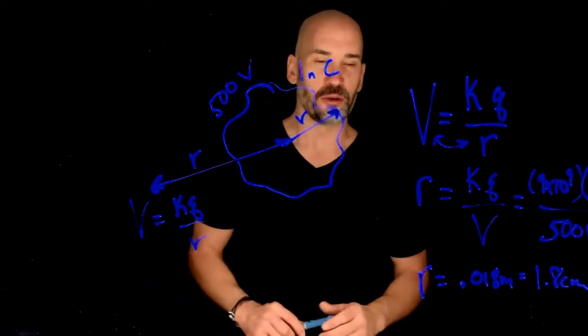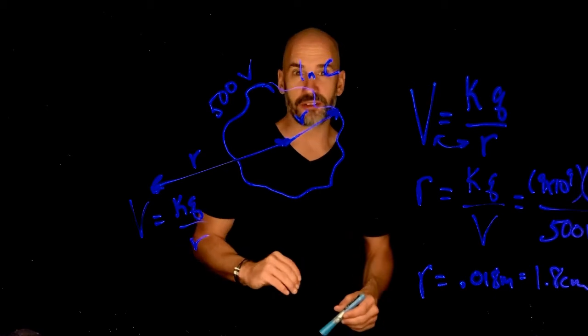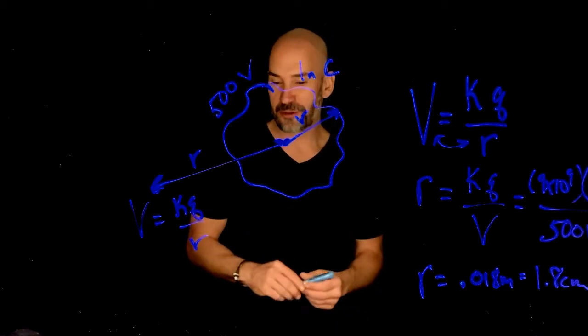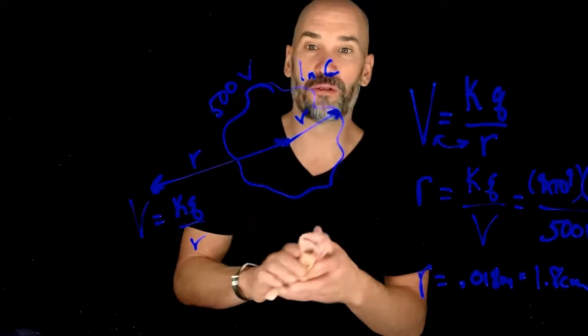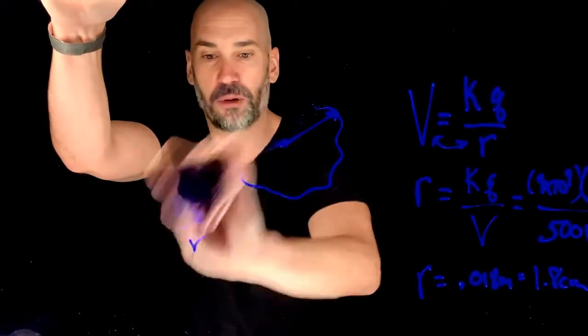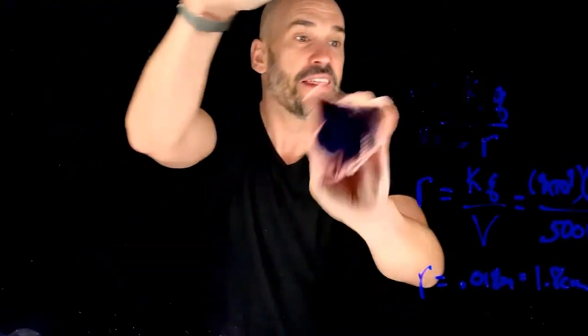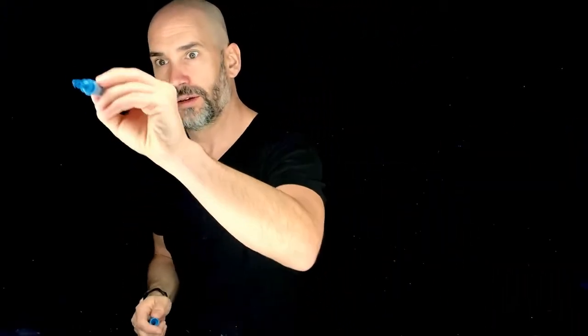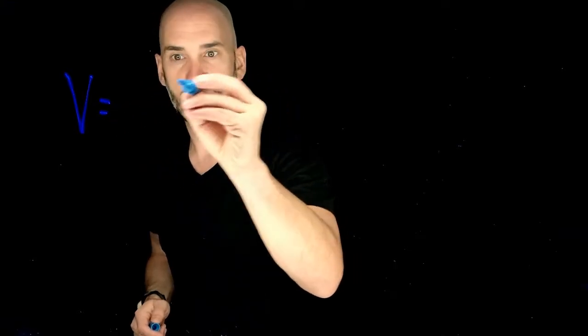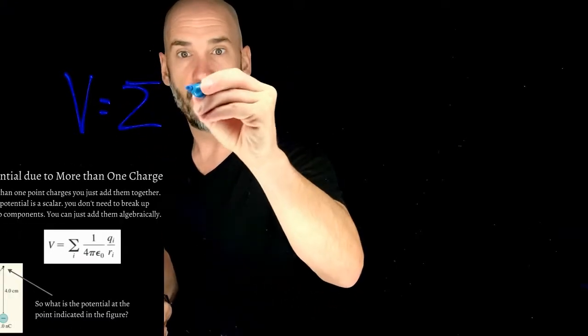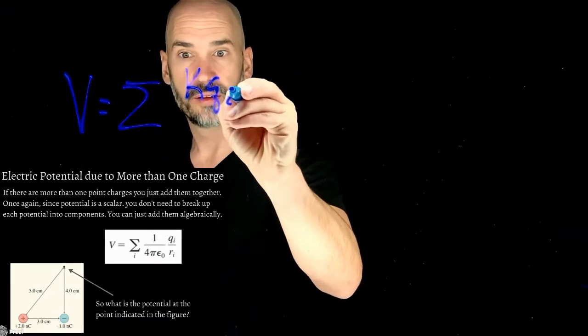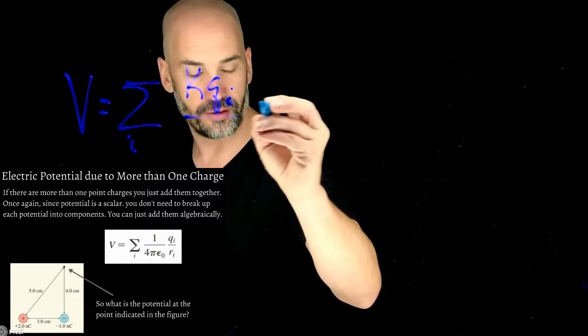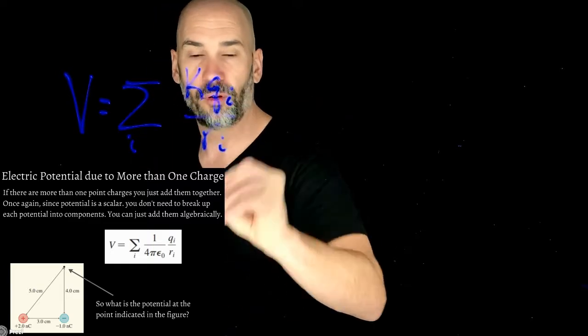What do you think you do when you have more than one charge? Well, I'm going to tell you, you do the same exact thing we did for more than one charge when we're calculating potential, right? They're just going to add to each other. So in other words, the voltage, when you have more than one charge, is just the sum over i of all the little voltages, right?